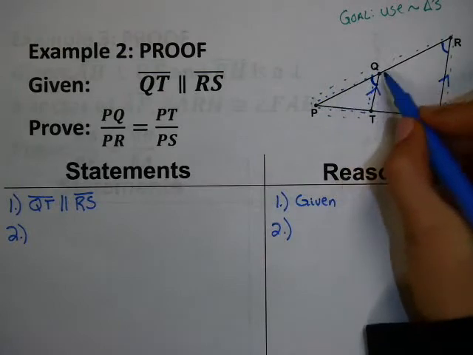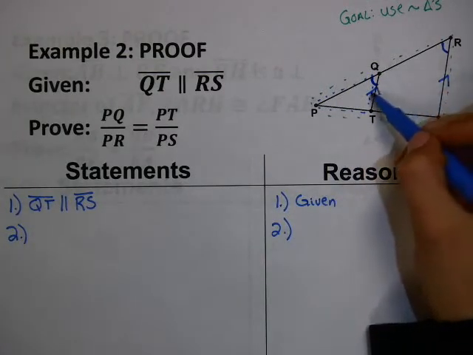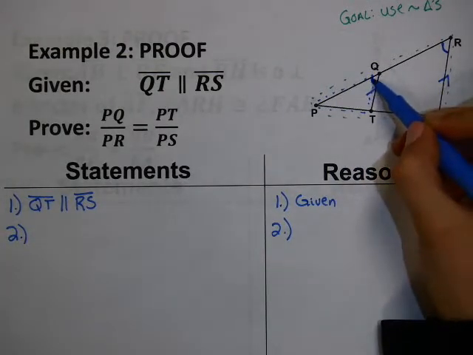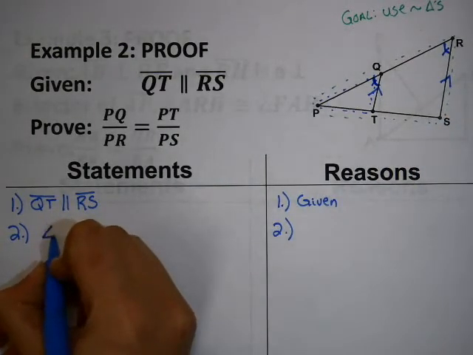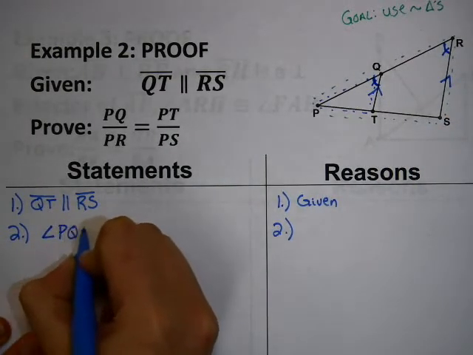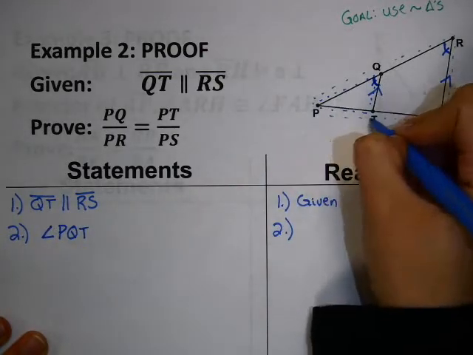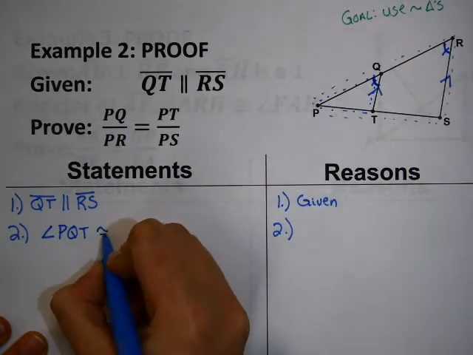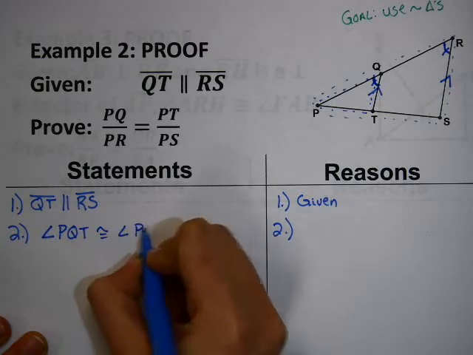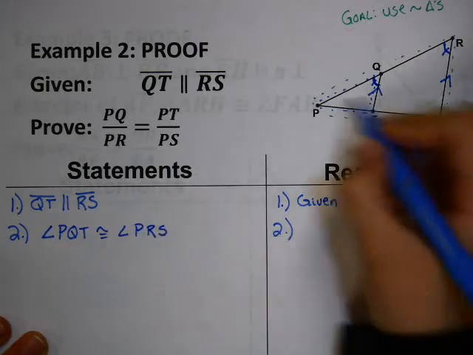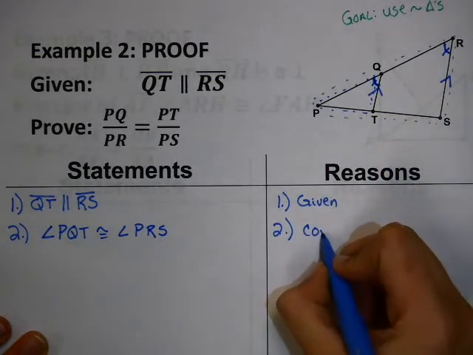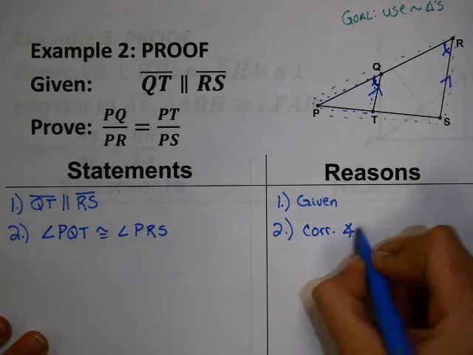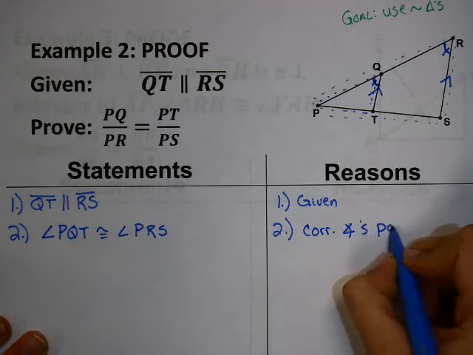As long as the lines are parallel, I can say that these two angles are congruent. So angle PQT is congruent to angle PRS, and that's by our corresponding angles postulate.